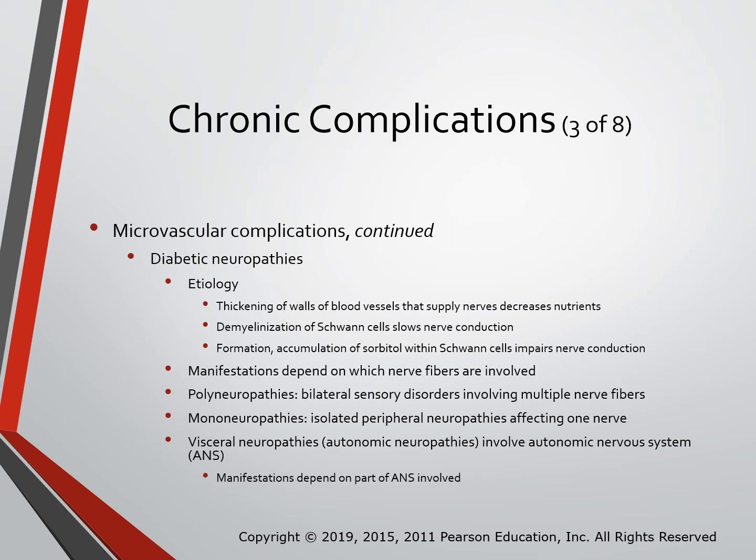It causes a decrease in nutrients, and it causes a delay in the stimulation of the nerves. So you may have pain, tingling, sensation, according to the different types of damage that you have. A lot of people have restless leg syndrome because of this.